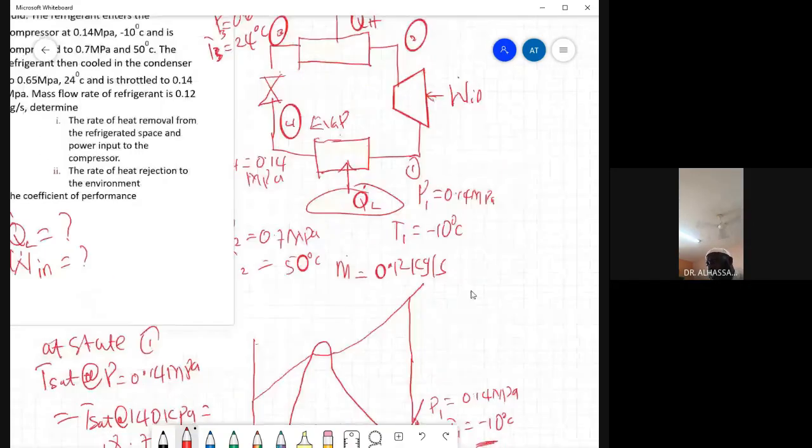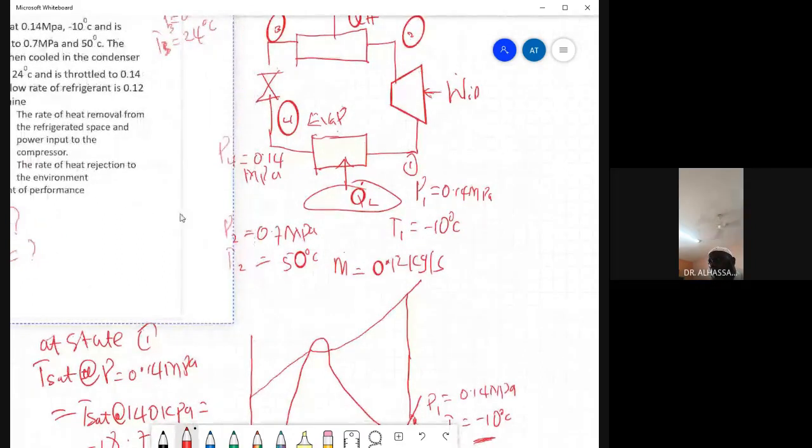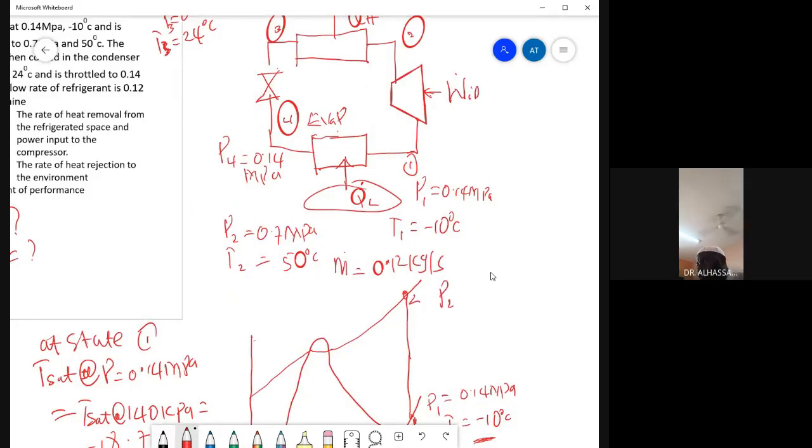So this state 2: P2 equals 0.7 megapascal, and T2 also equals 50 degrees Celsius. There is no doubt that state 2 is always superheated.